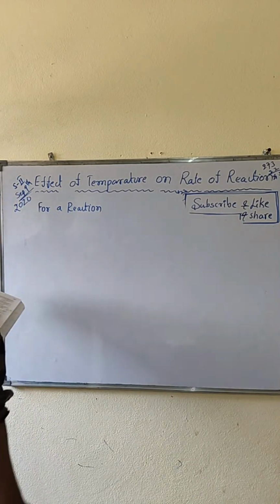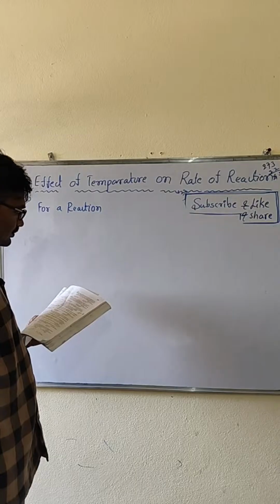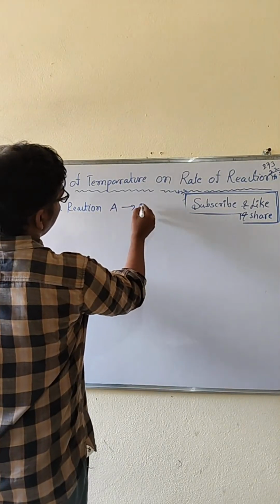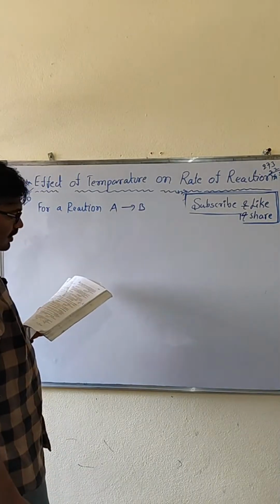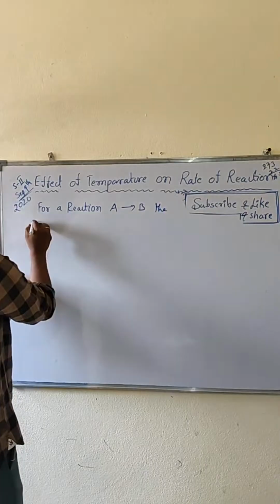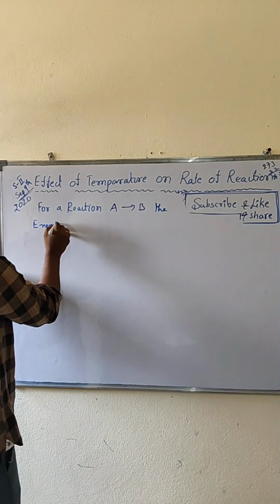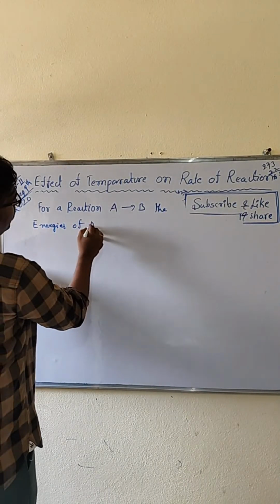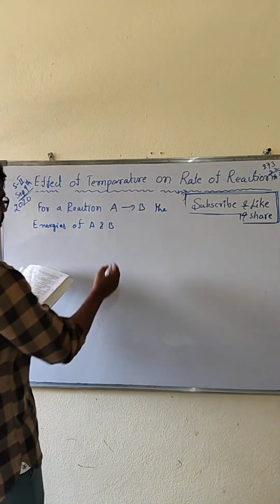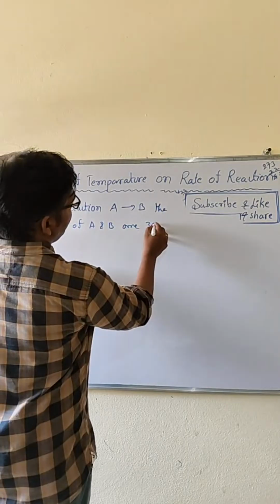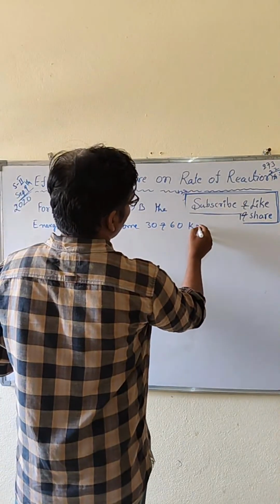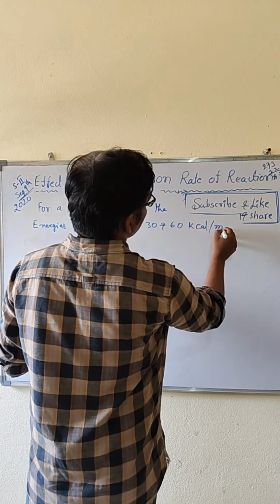For a reaction A gives rise to B, the energies of A and B are 30 and 60 kilocalories per mole respectively.